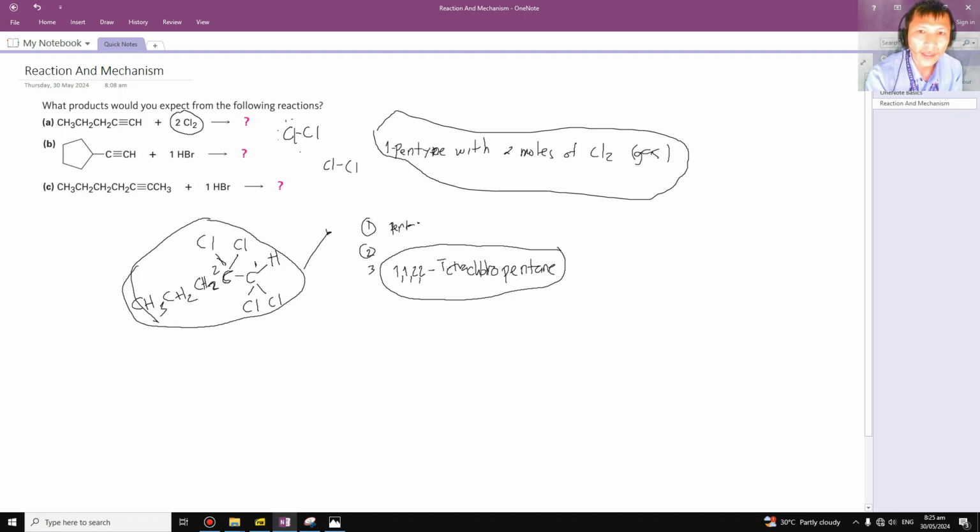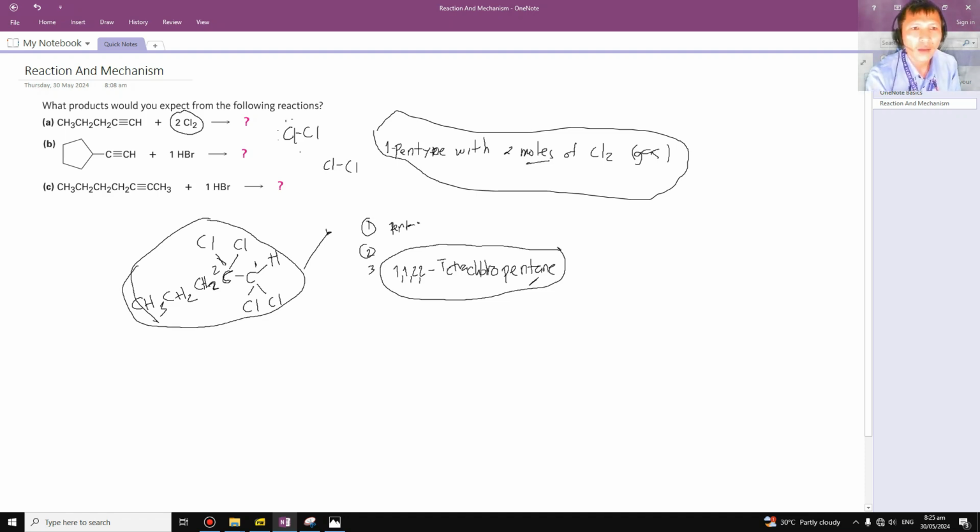At least this one, I know you can name with all the embedded learning outcomes already. What is the product that you would expect from 1-pentyne reacting with 2 moles of chlorine? Or probably I could give you also this one. So that's number 1.